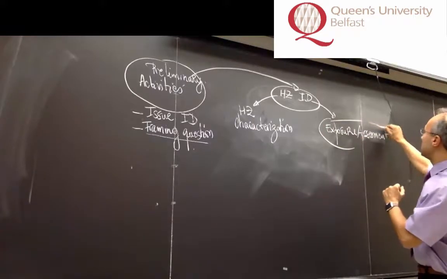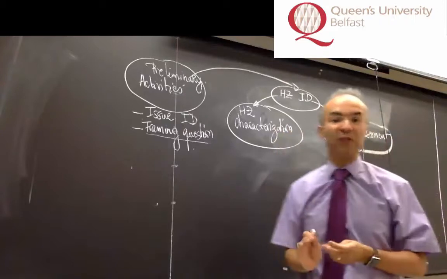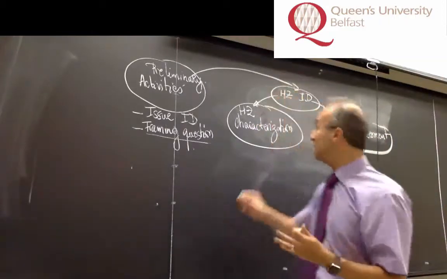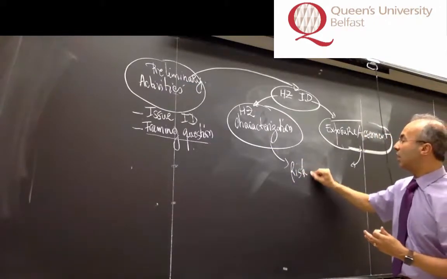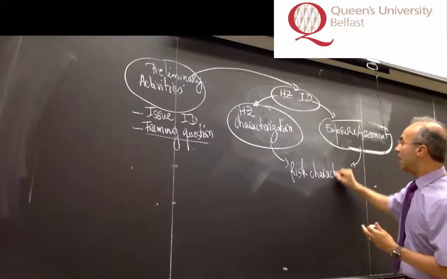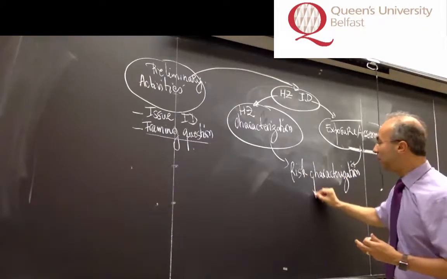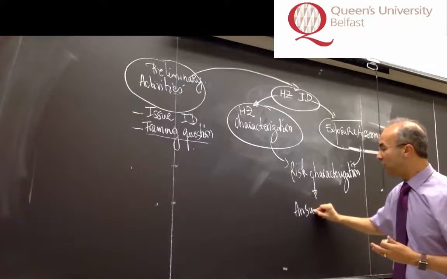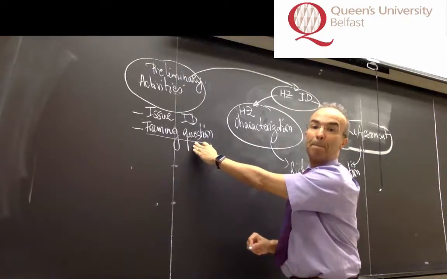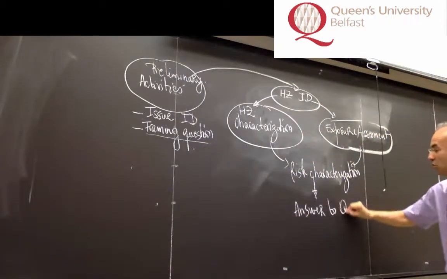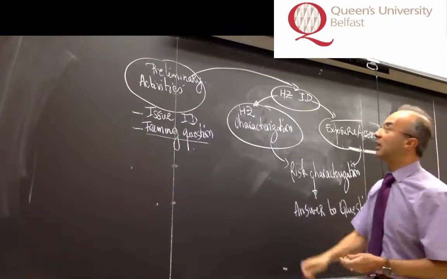These pieces, the hazard characterization and the exposure assessment, together lead to the risk characterization. And the risk characterization conclusion should be, in fact, an answer to the question that was framed by the risk manager. So this is the answer to the question that we are looking at.